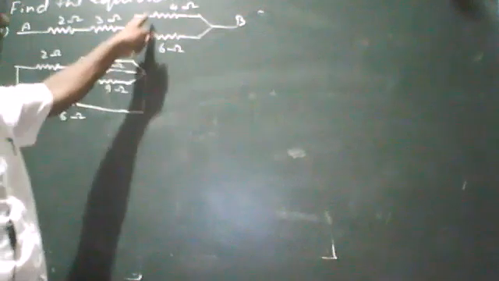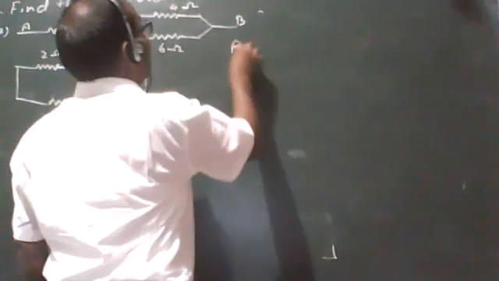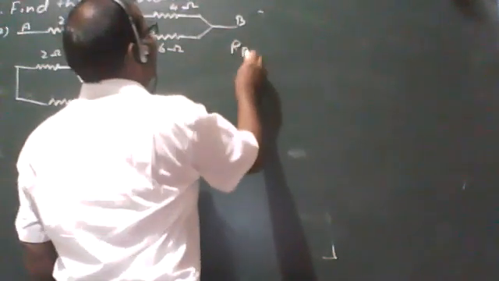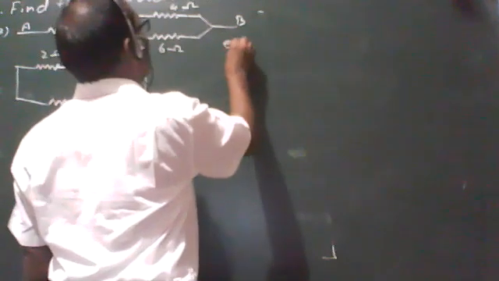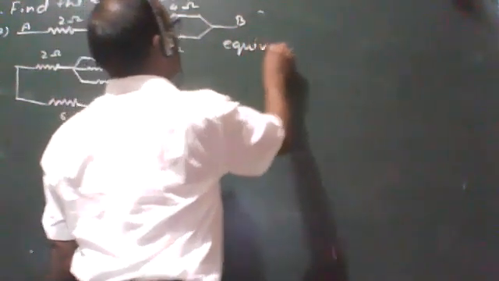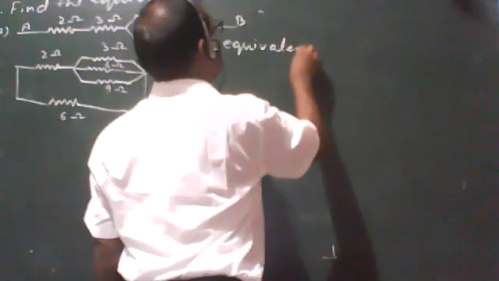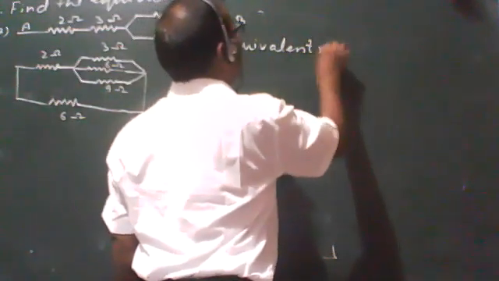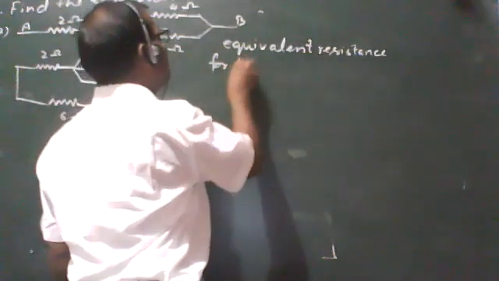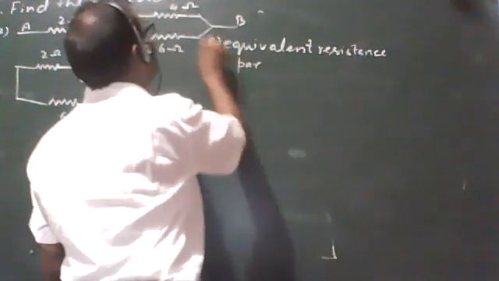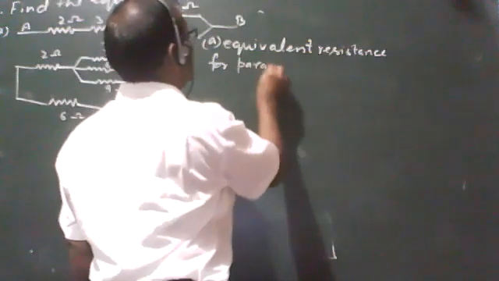First of all, you will find RP1. One circuit is parallel only, so you will find the equivalent resistance for the parallel resistors. I am solving the parallel combination.